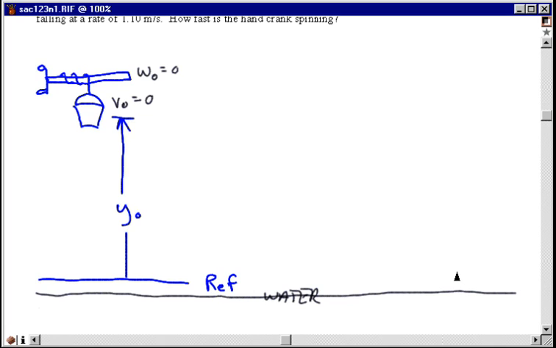Then in the after picture, the bucket is all the way down here. It's moving very rapidly. I'm actually going to go with V and V prime, so I'll scratch these zeros here. So omega and omega prime. I'll even go Y and Y prime.